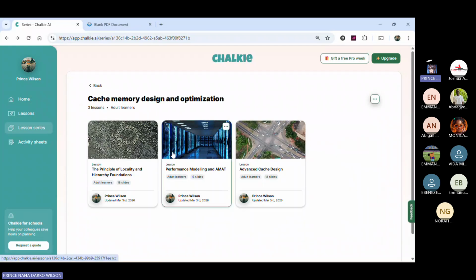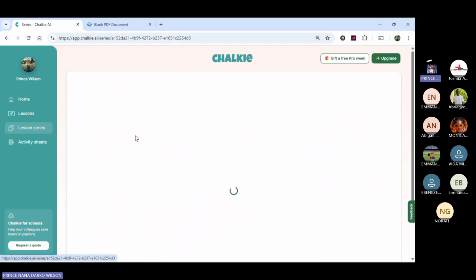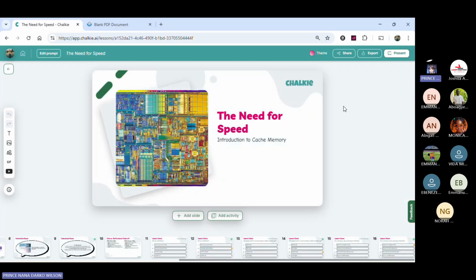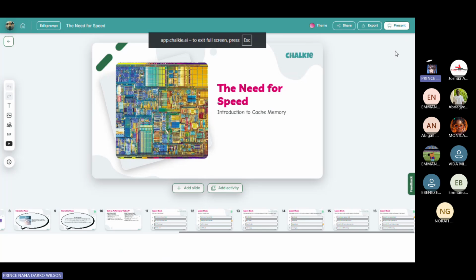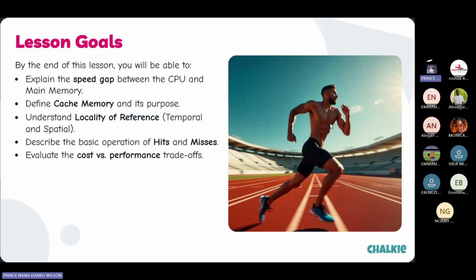Let me see. Right. So, introduction to cache memory, even further. This one builds on what we have already learned. It was 16 slides. Let's go. So by the end of the lesson, you should be able to explain the speed gap between the CPU and the main memory.